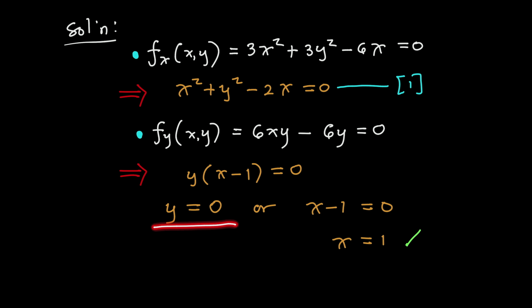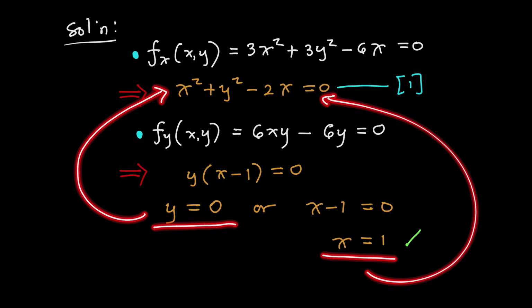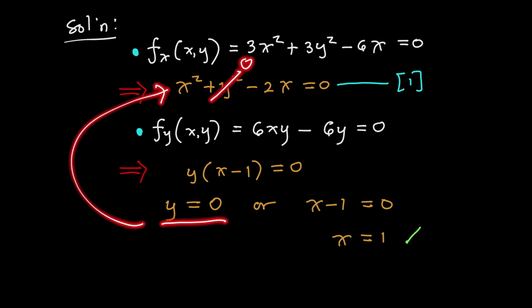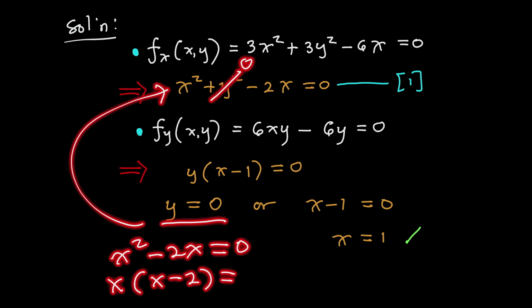Then we use these values in equation 1 to obtain the corresponding values, and that gives us the ordered pairs for the critical points. By using y equals 0 in this equation, this reduces to x squared minus 2x equals 0, which gives us x times x minus 2 equals 0.